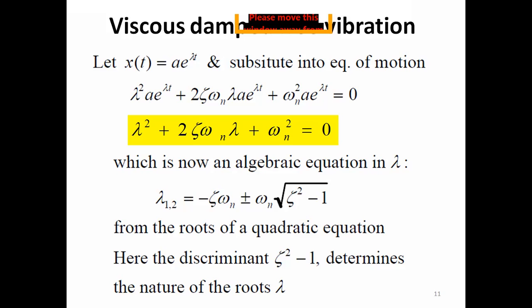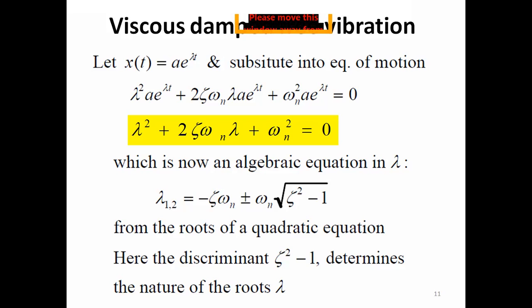So with the eigenvalue method, we have converted a differential equation into an algebraic equation. So now it is very easy to find the roots of an algebraic equation. It is a quadratic equation, so we have to just use the quadratic formula, which is minus b plus minus under the root b square minus 4ac whole divided by 2a.